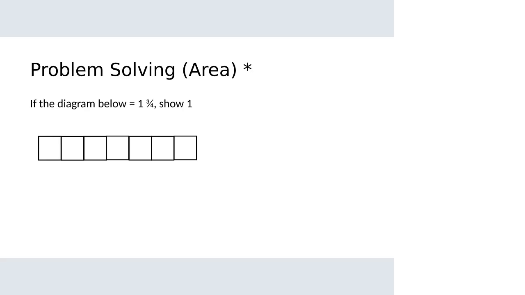You might be able to do this one visually, or you might need the idea that 1 3/4 would be 7/4. And I'll go ahead and throw that your way.